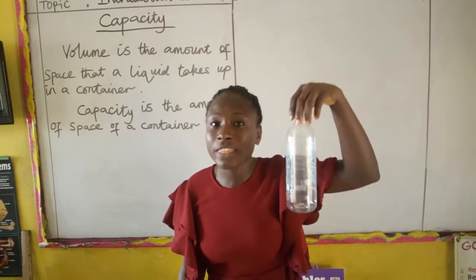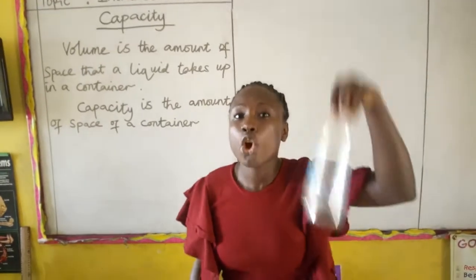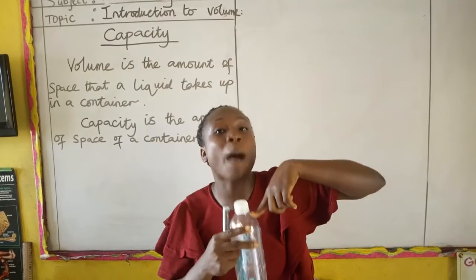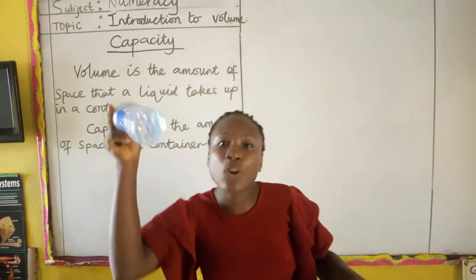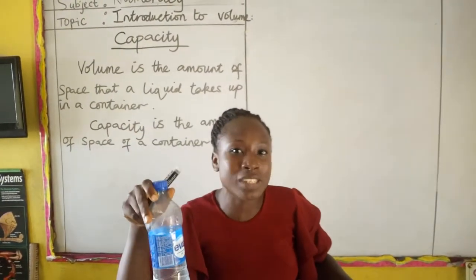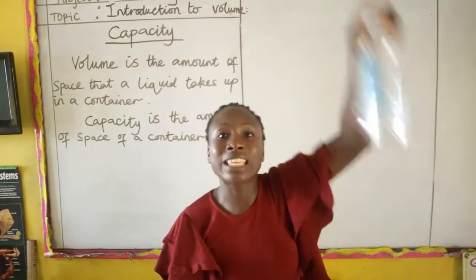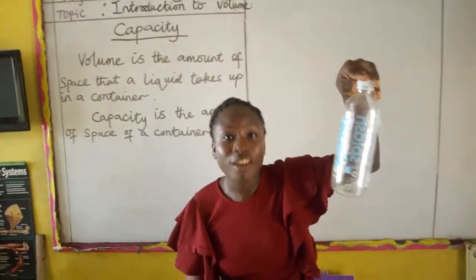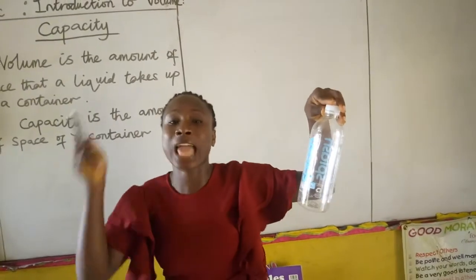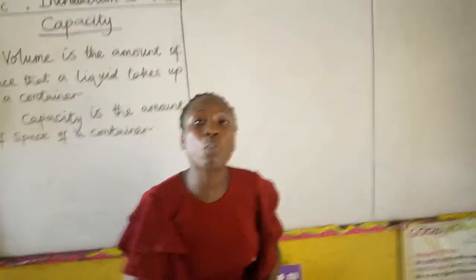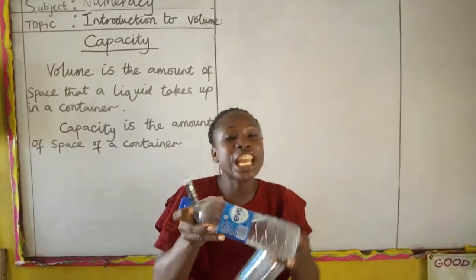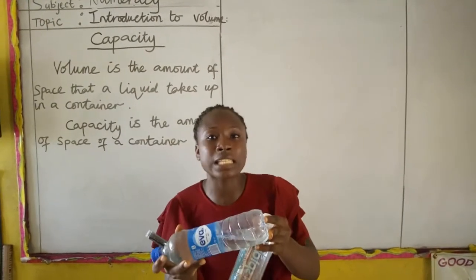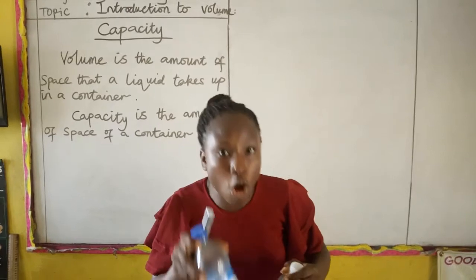So the space is called capacity, and then the liquid inside constitutes the volume. The space in it is the capacity, what it can take, but the water in it, the liquid in it, the beverage in it, the juice in it is the volume.